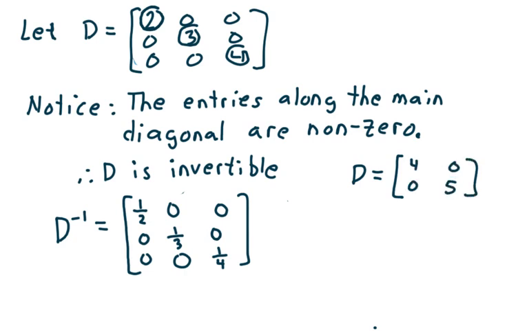And then I wanted D inverse. Now look, the reciprocal of 4 is 1/4. The reciprocal of 5 is 1/5. And then I just put zeros everywhere else. And so getting the inverse is immediate. Okay? So that's how we do D inverse.